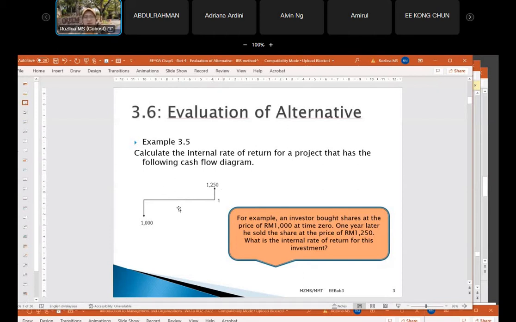Normally you have been given the I, but now you have to find out the I. That means if you want to invest 1,000 ringgit now and you plan to get 1 year later 1,250, what should the rate of return be? Usually with the I rate of return given, you find the future value after 1 year, after 2 years.